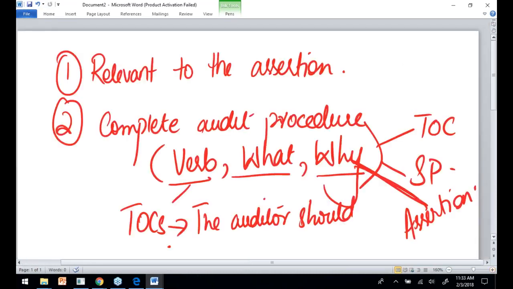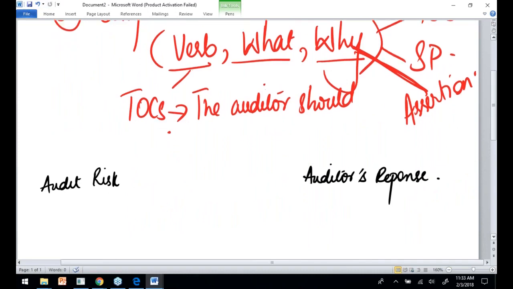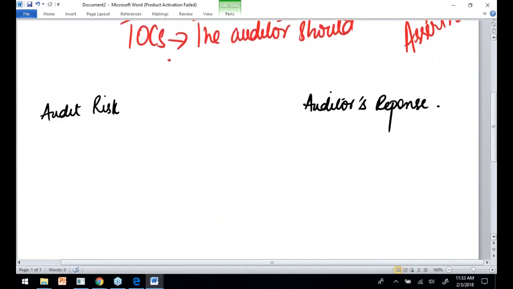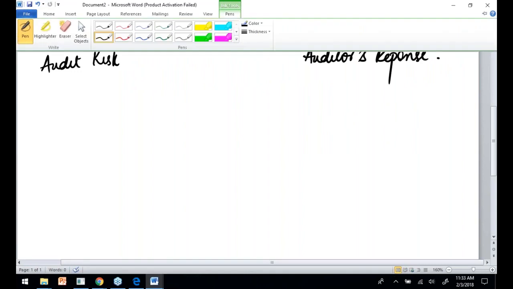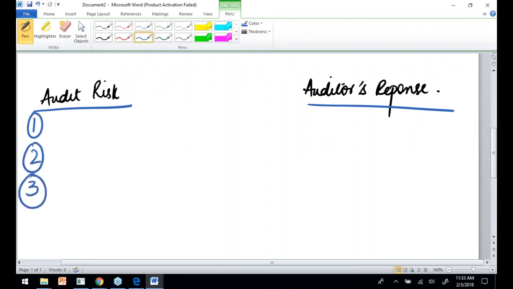Okay. So the technique is, number 1, always when answering a risk question, follow the 1, 2, 3 approach. Step number 1, copy words from the case on to the answer.